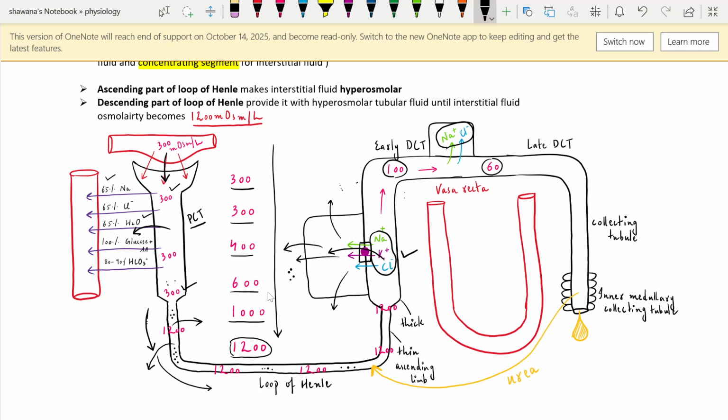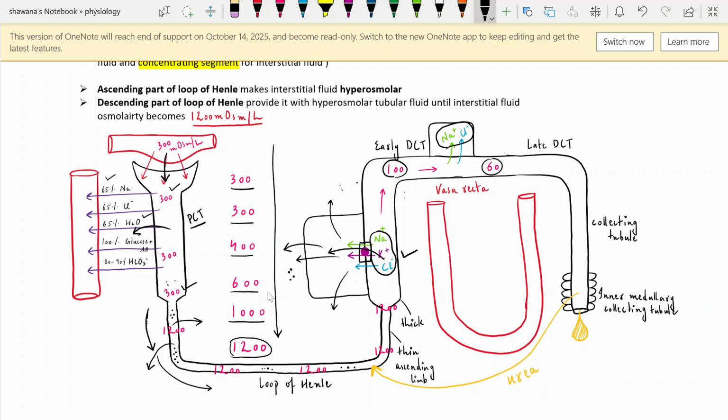Let me explain. In the absence of ADH, the antidiuretic hormone, this 60 will remain 60 because water has not been reabsorbed. But in the presence of antidiuretic hormone, water will be reabsorbed in the late part of the nephron and this osmolarity starts to increase.